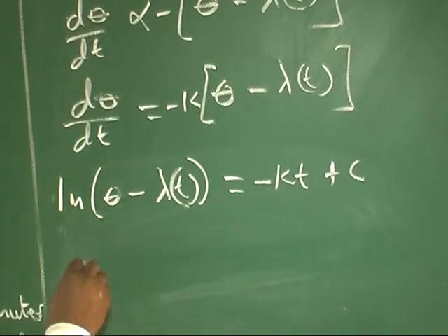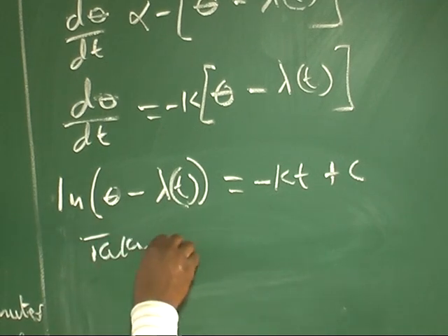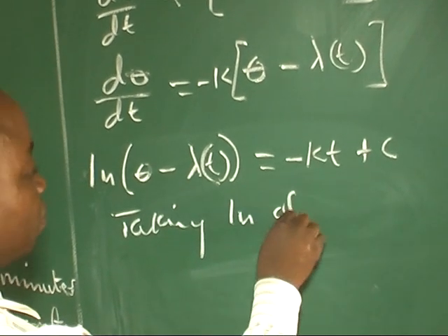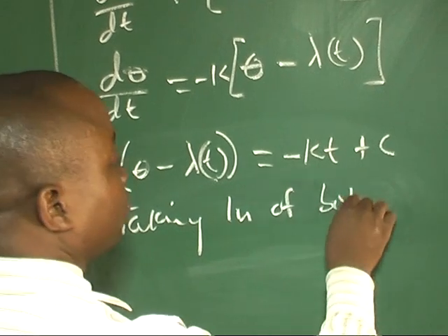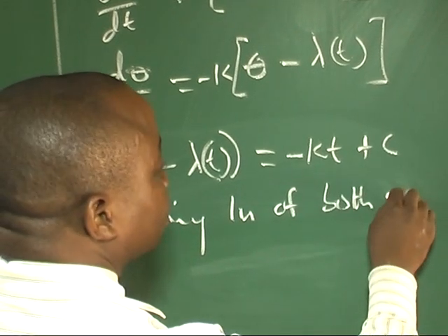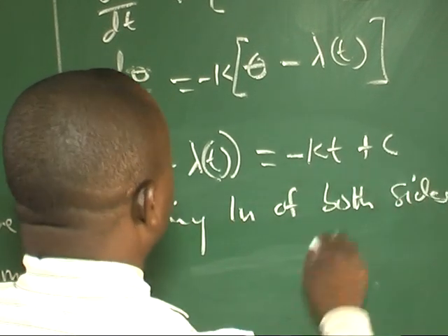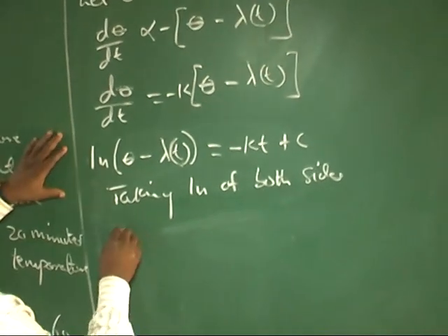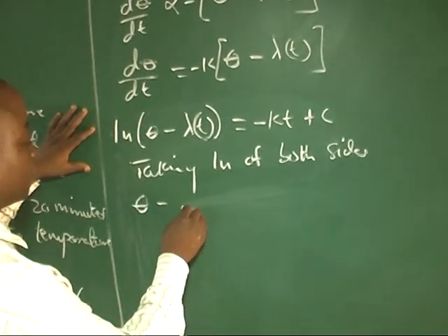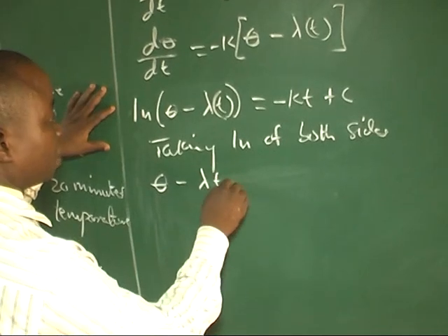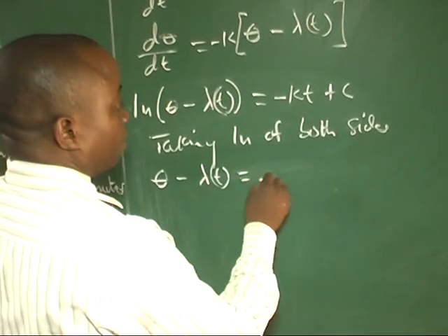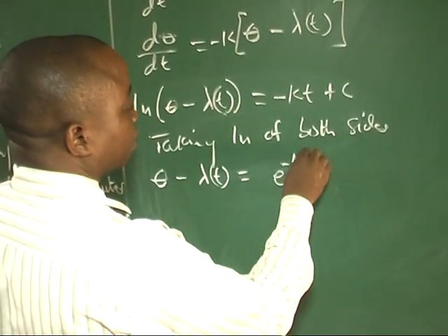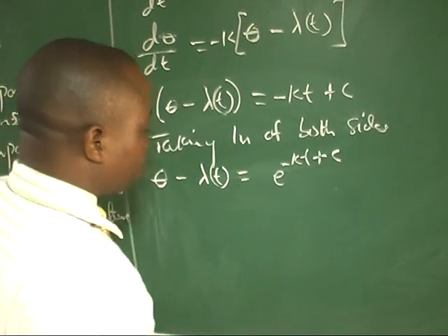So taking exponentials of both sides, I will have that theta minus lambda of t is exponential minus kt plus c.